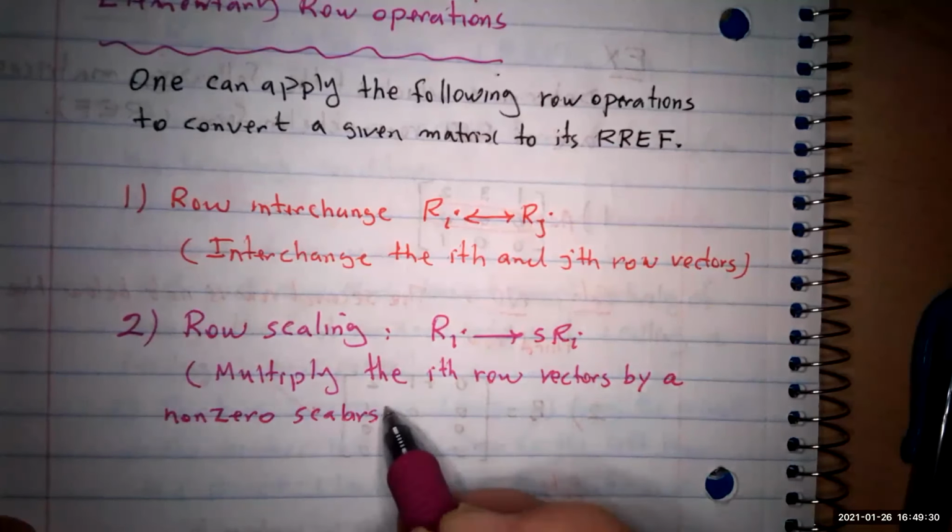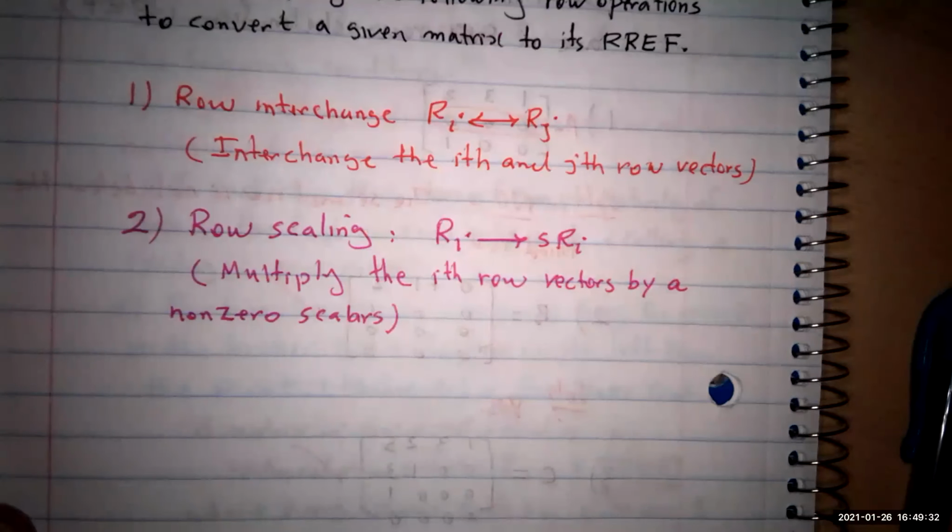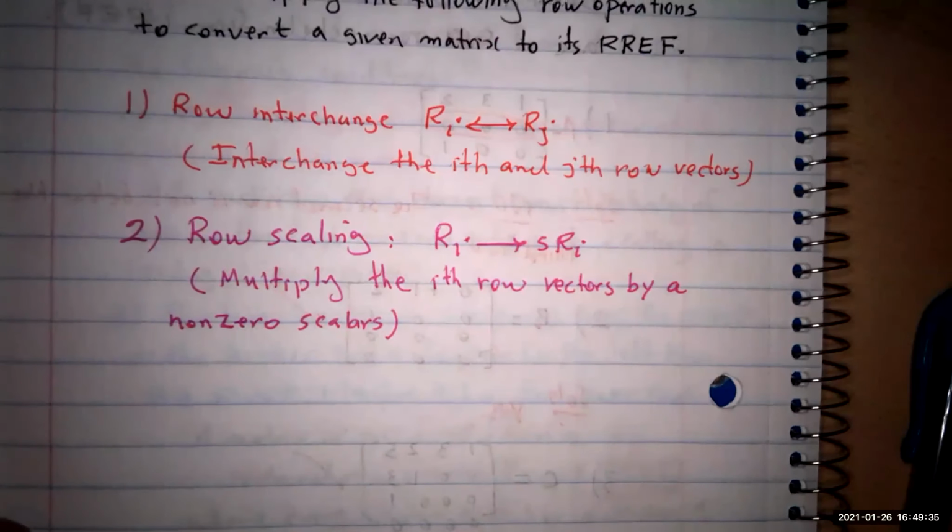That number can be real, or at the end of this course it can be a complex number. So this is row scaling.